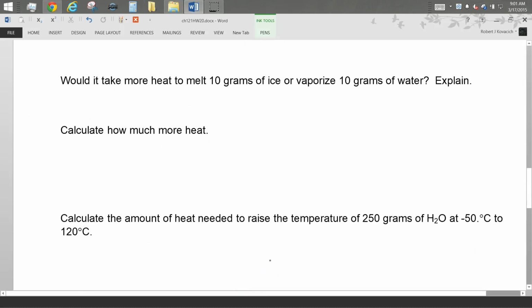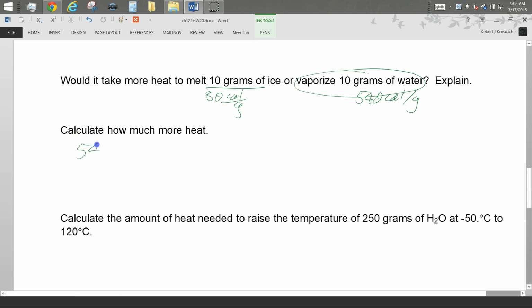What would take more to melt the ice or vaporize the water? It's definitely going to take more to vaporize the water as opposed to melt the ice, because this is 540 calories per gram, and this here is only 80 calories per gram. So how much more heat?